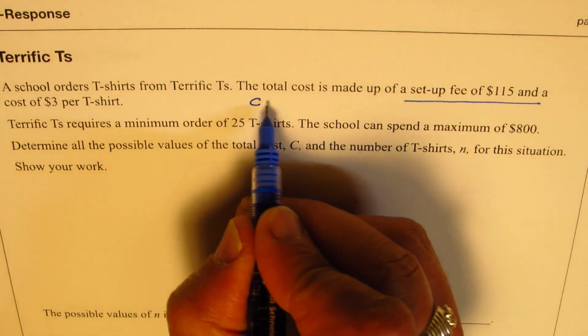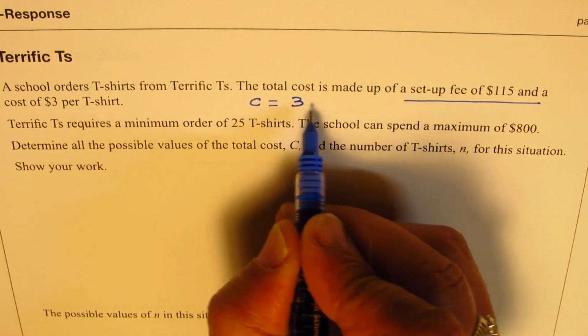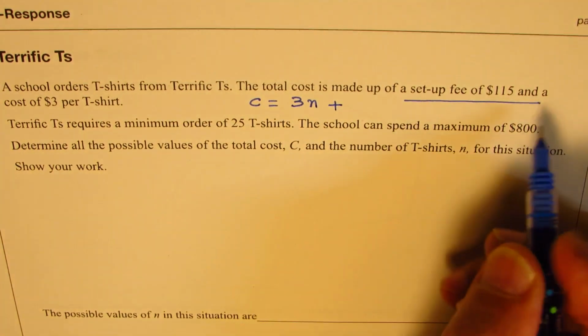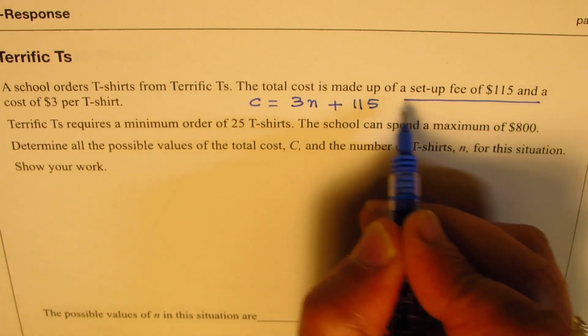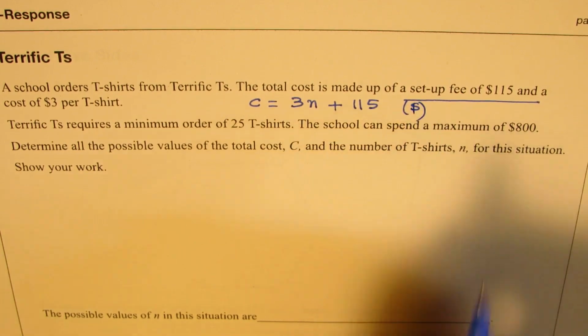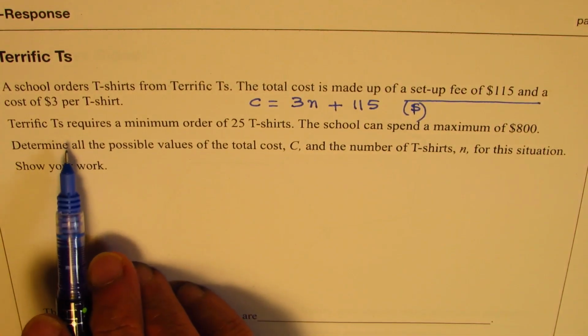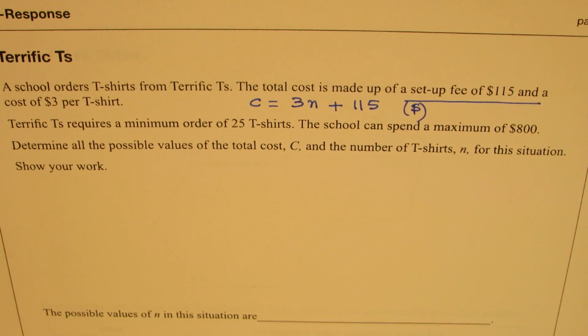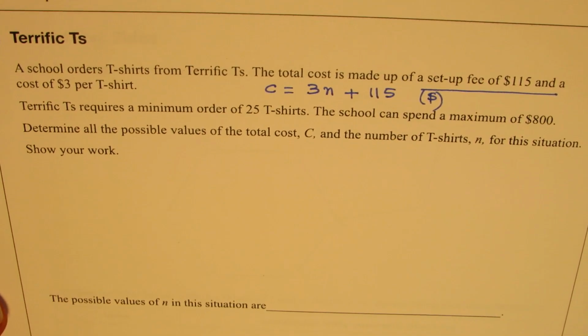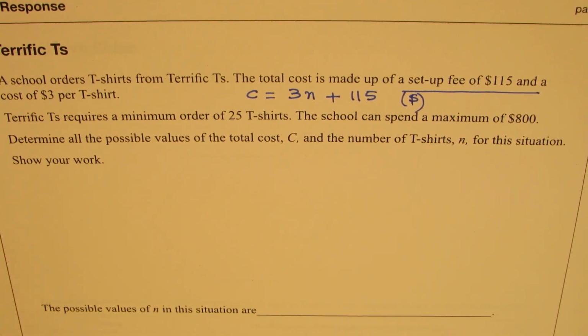That means the cost is equal to 3 times n plus 115, so cost is in dollars. Correct. Terrific Tees require a minimum of 25 t-shirts. The school can spend a maximum of $800. Determine all possible values of the total cost and the number of t-shirts n for this situation.